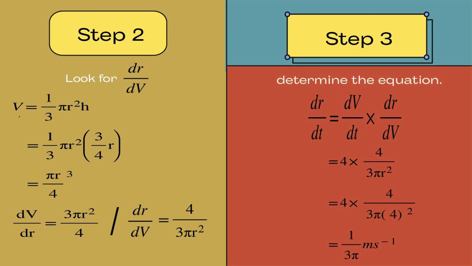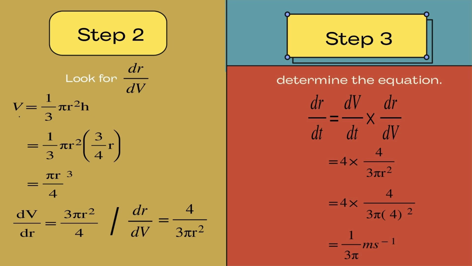In step 2, we start by expressing the volume of the cone, V, as a function of its radius and height. Since the height is given as proportional to the radius, with h equal to 3/4 r, we substitute h into the volume equation, that is V equals 1/3 pi r squared multiplied by 3/4 r.